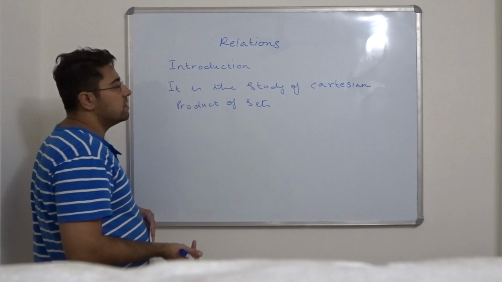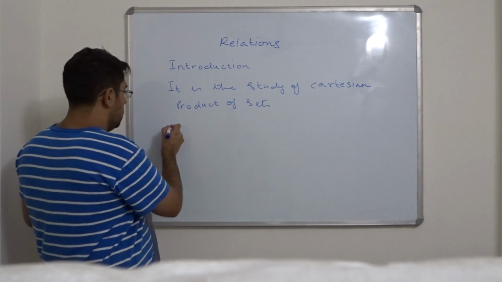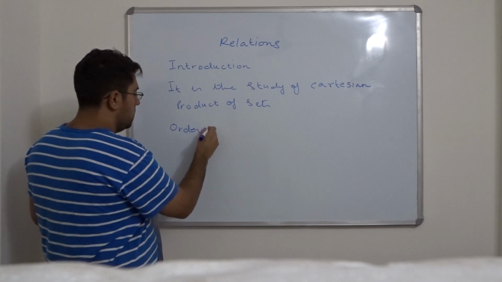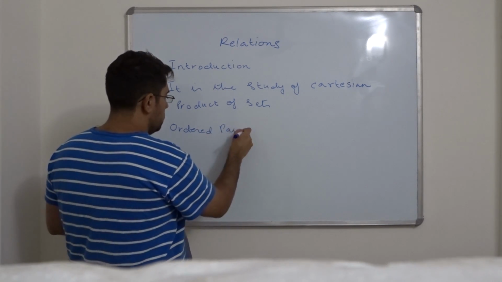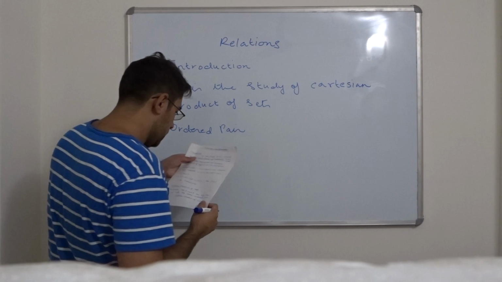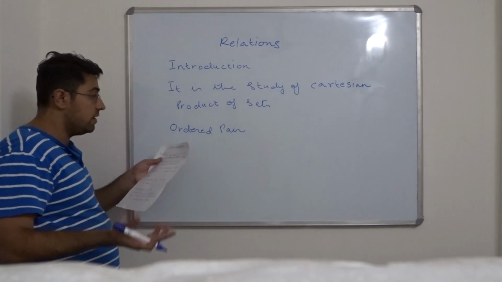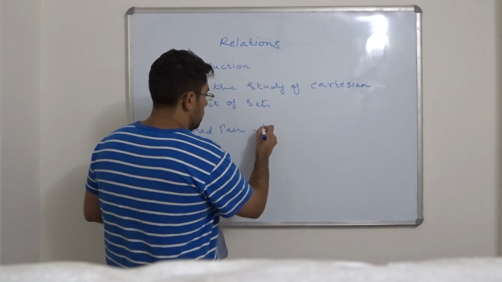To understand the Cartesian product of sets, let's talk about an ordered pair. What is an ordered pair, guys? An ordered pair contains two elements given in a fixed order. My apologies, guys.